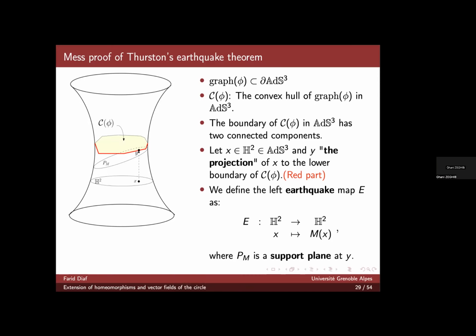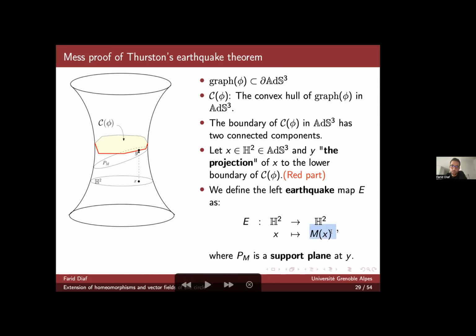Yeah, I have a question. Can you please, Farid, explain how you go from H2 to H2 and not to AdS3? Because M is a priori just in anti-de Sitter, no? Yes, which is an isometry. So it's an element of PSL2R, and you apply it to X. Oh, yeah, so this is a Mobius transformation.